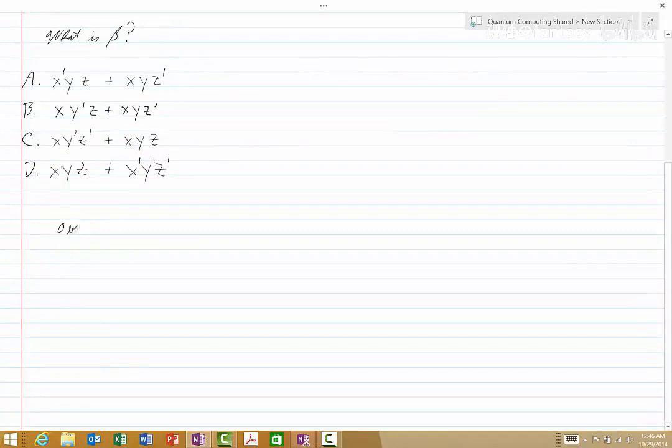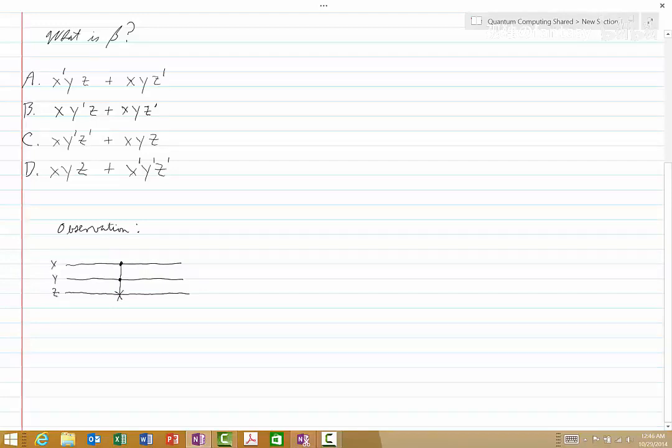So let's start with an observation here. Let's say that we have 3 bits, which we can call X, Y, and Z. And the first 2 bits are controlling that third one.